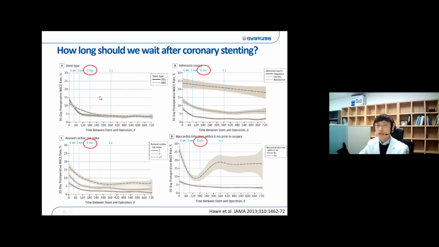On the graphs, at 6 months after coronary stenting, the risk of cardiac events goes down to the normal level, equal to patients who did not receive coronary stenting. So if we do the coronary stenting first, the surgery should be postponed by at least 6 months, delaying the appropriate treatment of the patient's major problem, which needs surgery.